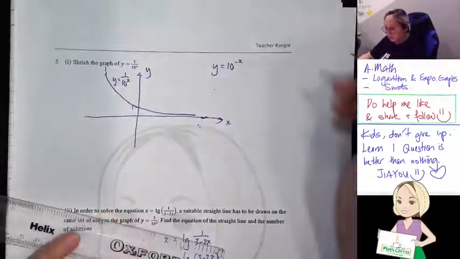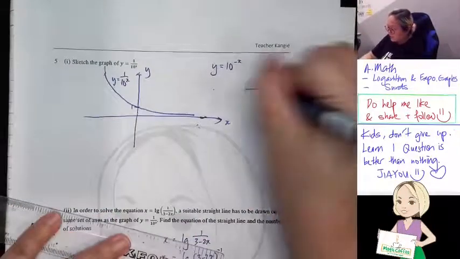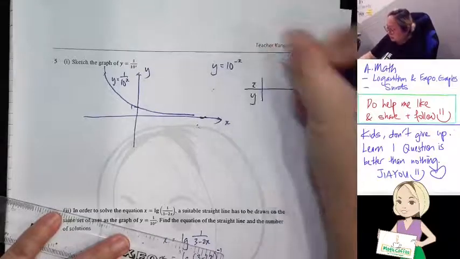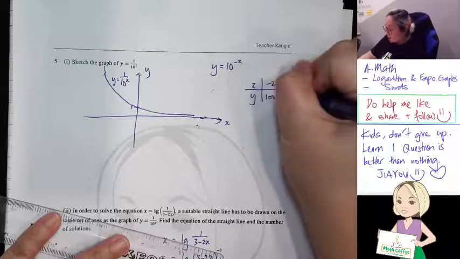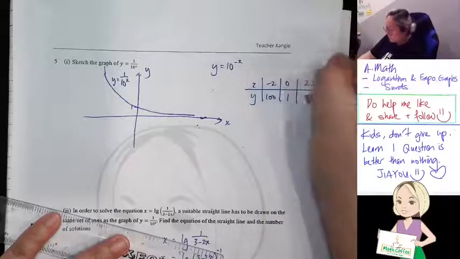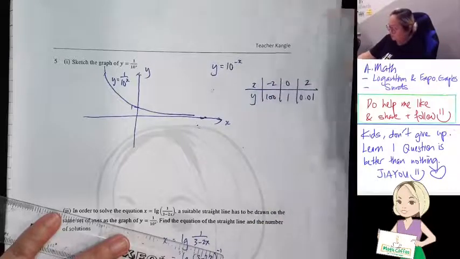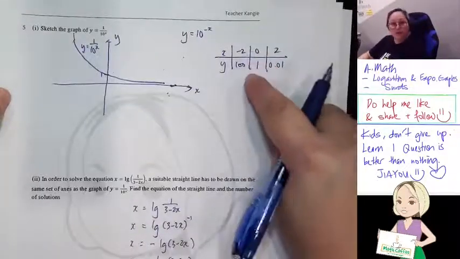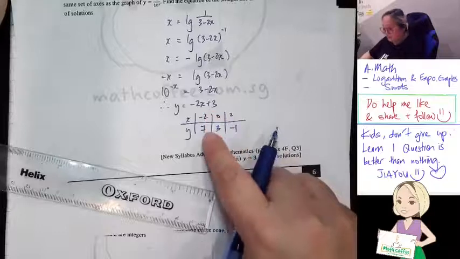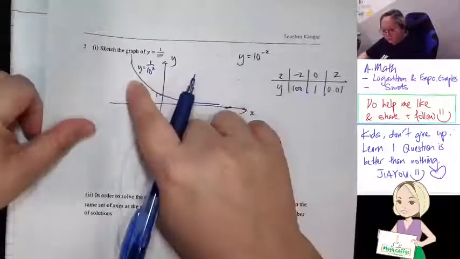I'm going to plot out x and y: minus 2, 0, and 2. So this is 100, this is 1, this is 0.01. See the difference? This is minus 2 and 100. This is minus 2 and 7. So this is way below.